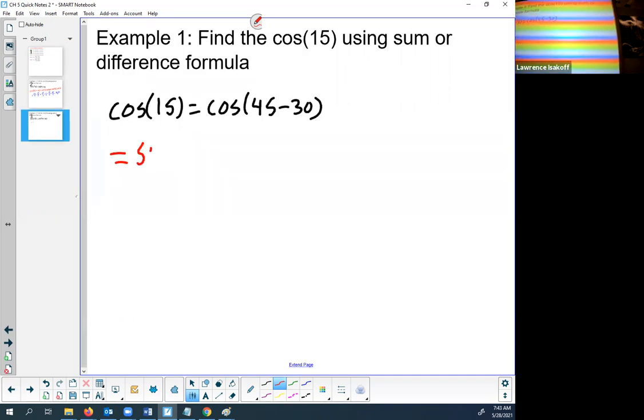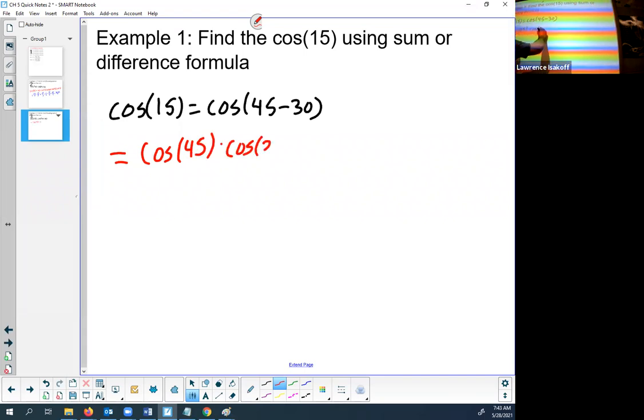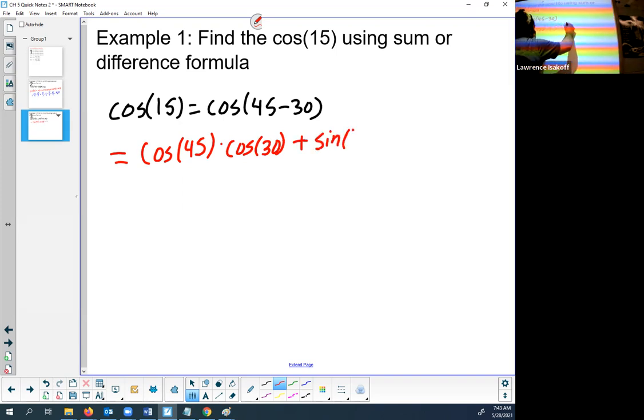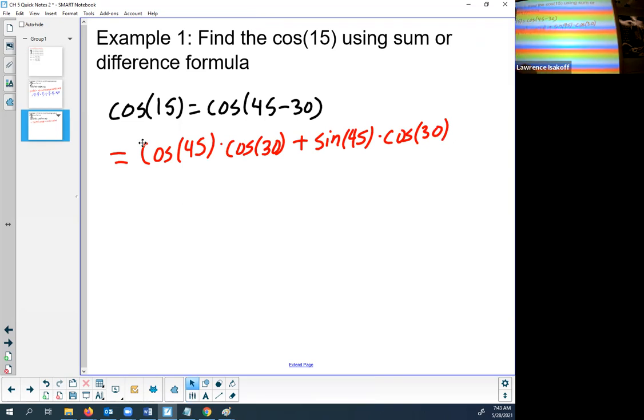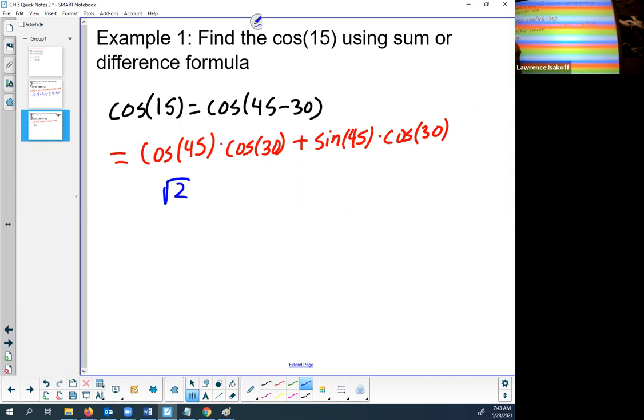Okay, so it starts out cosines, not sines. Cosine of 45 times the cosine of 30 plus the sine of 45 times the sine of 30. So cosine of 45, well, we just said last time that was root 2 over 2. Cosine of 30 is root 3 over 2 from, again, the unit circle.